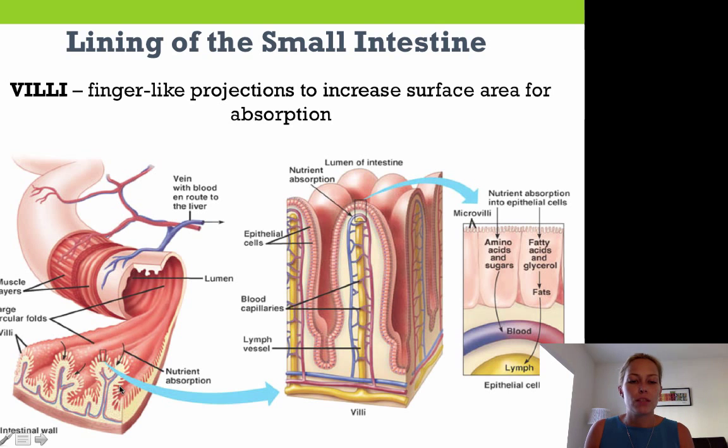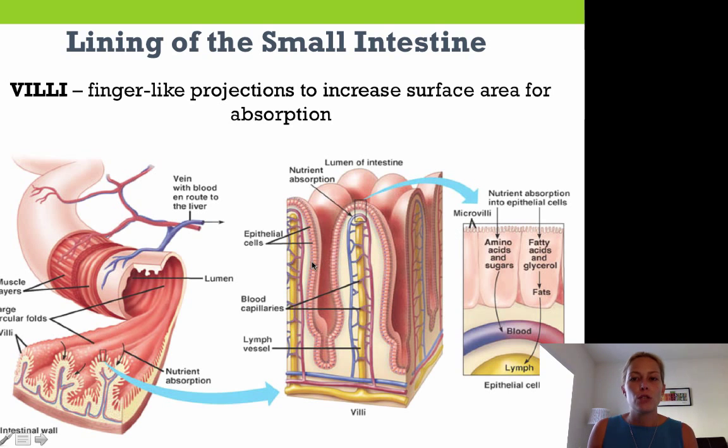The small intestine is lined with structures called villi. Here we have some folds, and up top we've got these villi, and on the surface of the villi we even have microvilli.